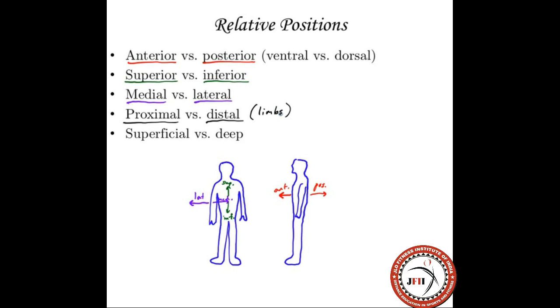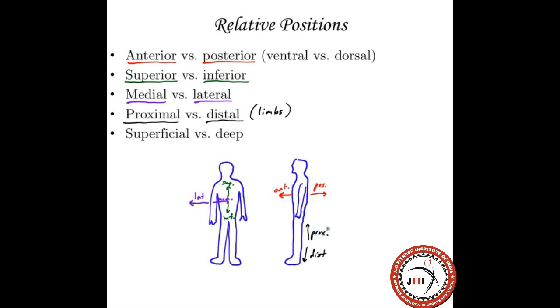We could say it with the legs too. We could say the kneecap or patella is distal to the femur, which is the thigh bone, actually the biggest bone in the body. So let's do it here on the leg. Distal, farther towards the bottom, or away from the trunk, and prox.